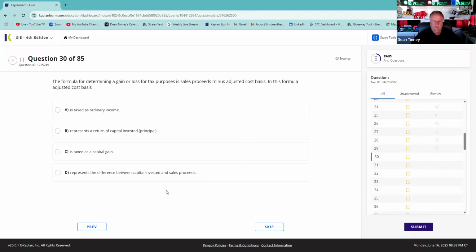In this formula, the adjusted cost basis: represents what is taxed as ordinary income; represents a return of capital investment principal; is taxed as capital gain; represents the difference between capital investment and sale proceeds; determine capital gain and loss for tax purposes.